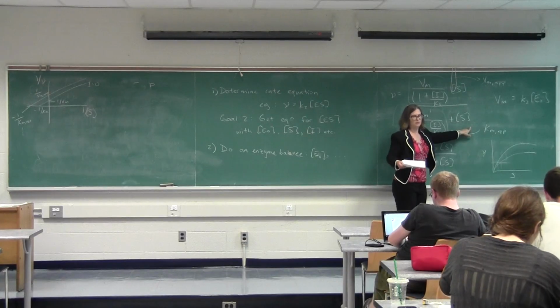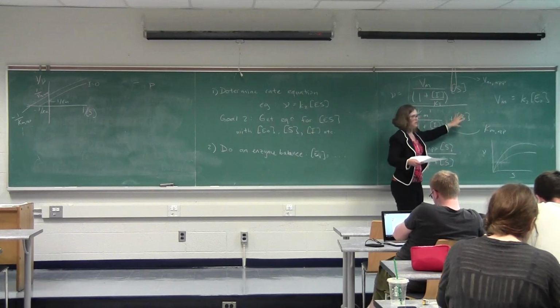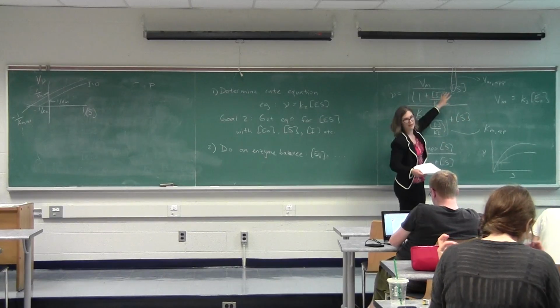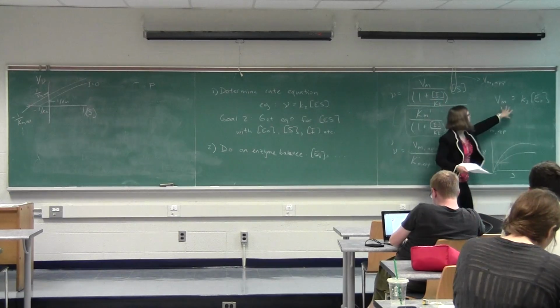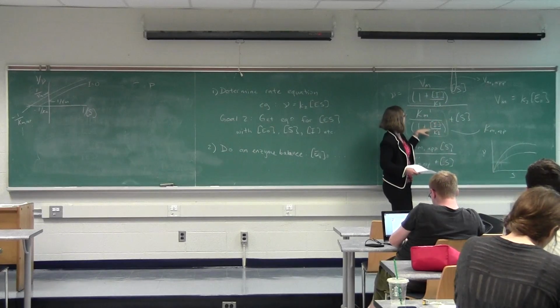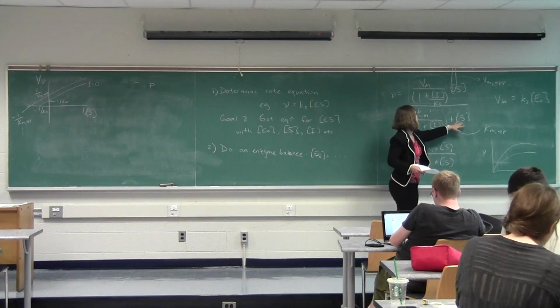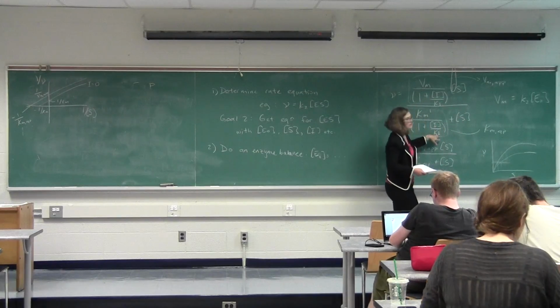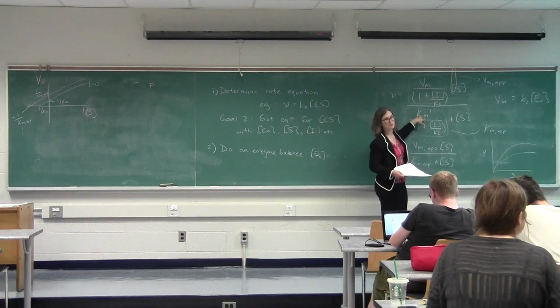So we know from the steps that we took that we should already have an expression for ES that only has those values in it: E naught, S, I, and then our KIs and KMs.